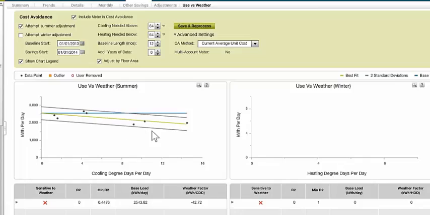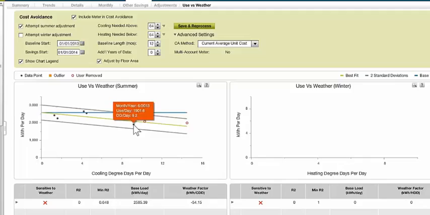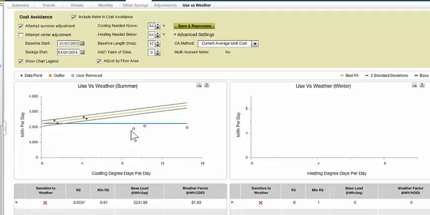Well, because the summer months are not normal months from the way the building is normally used, I want to throw them out of the regression so they don't mess it up. I can remove these by clicking on them. So I'm going to throw out this one, and I'm going to throw out that one, and I'm going to throw out that one. And notice that now I have a fair regression line.